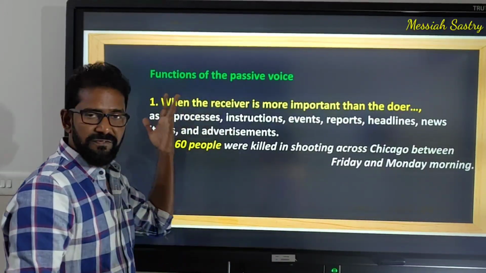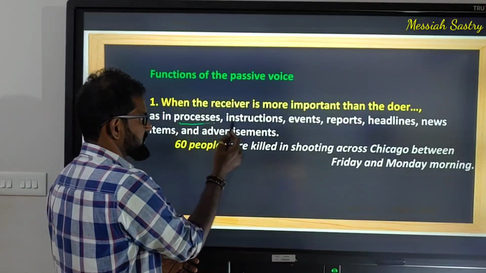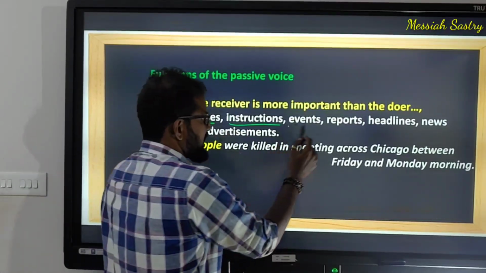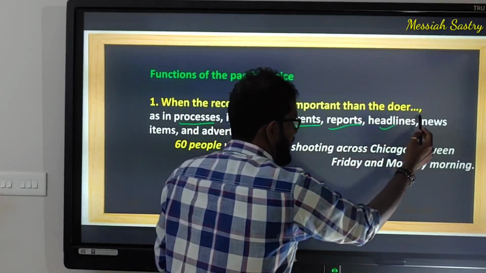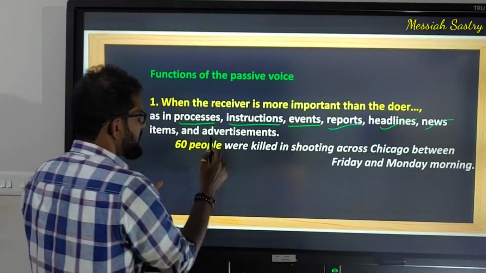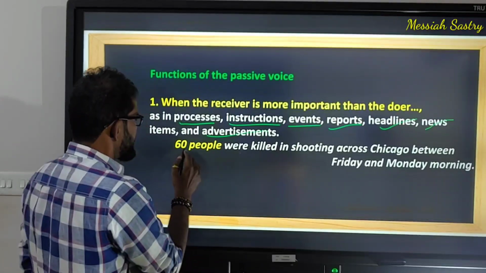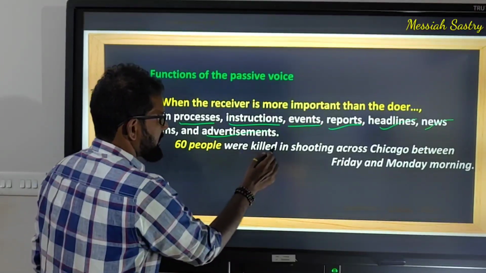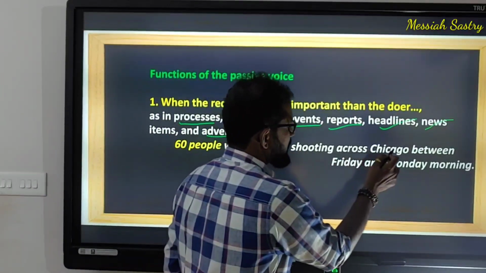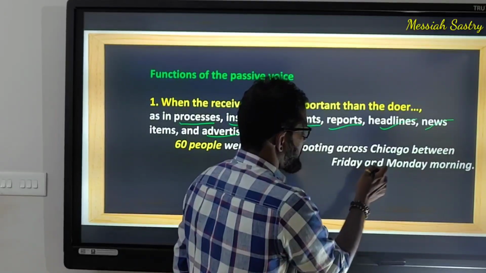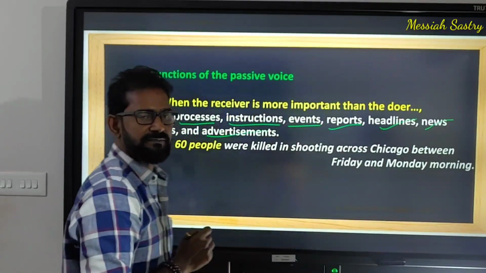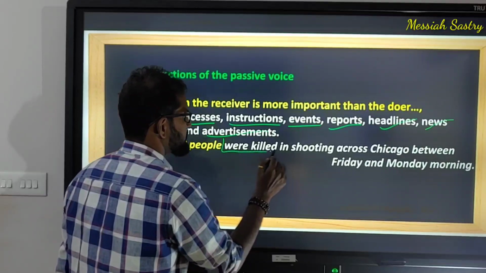And especially where we find these kinds of sentences are in processes, instructions, events, reports, headlines, news items, advertisements. Look here, example: 60 people were killed in shooting across Chicago between Friday and Monday morning.